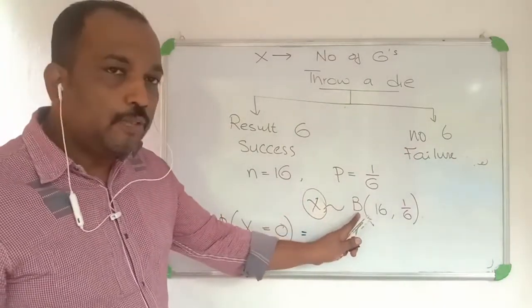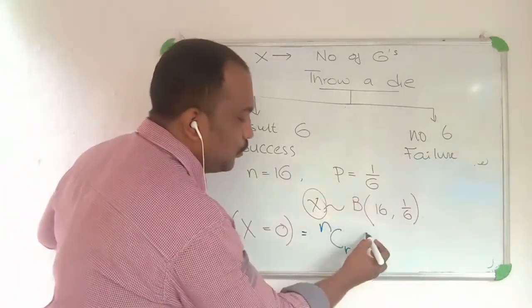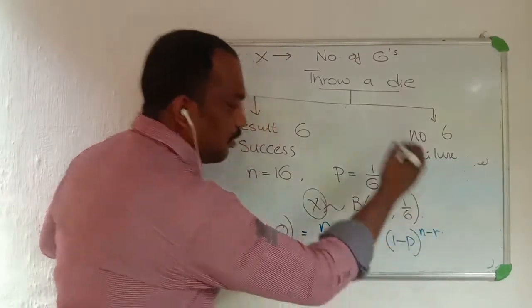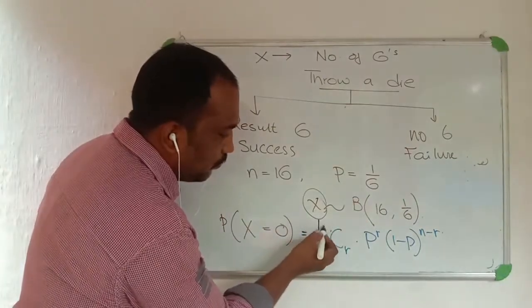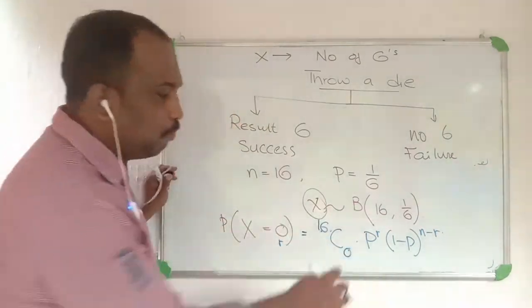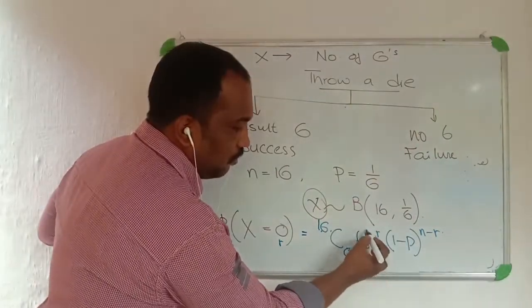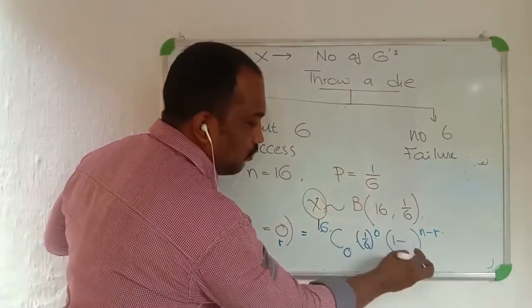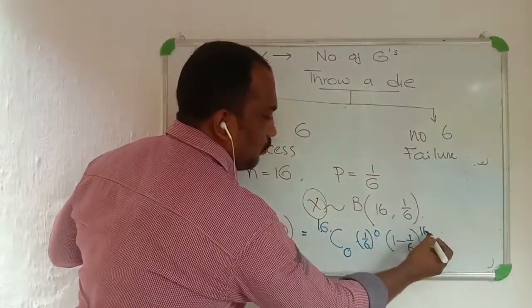You know, when it is a binomial distribution, the probability is nCr times p raised to r times (1 minus p) raised to n minus r. So when you replace the values, n is 16, r is 0, p is the probability, which is 1 by 6, raised to 0, times 1 minus 1 by 6, raised to 16 minus 0.